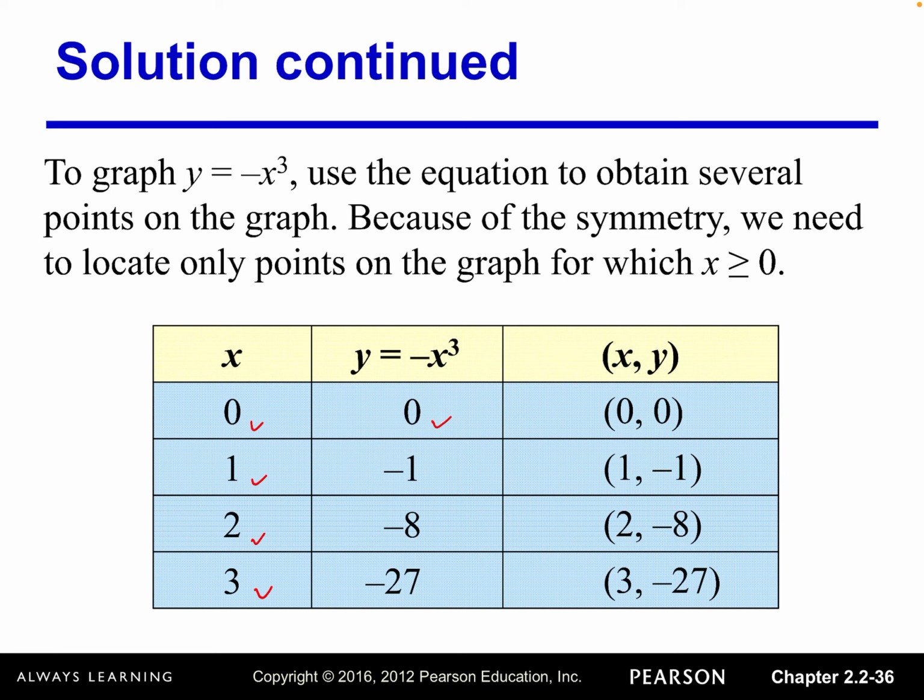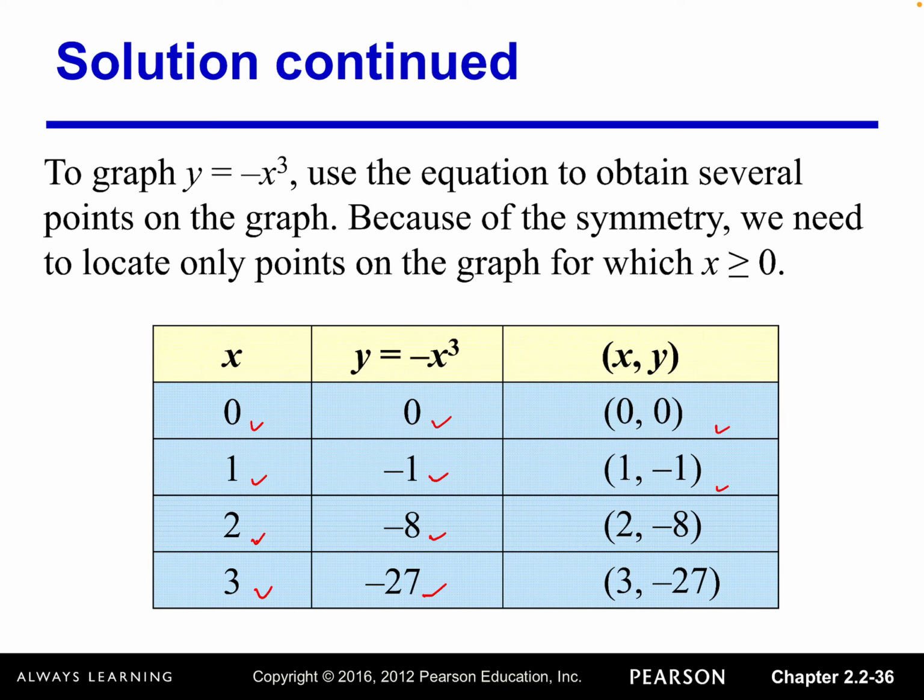If x equals 1, 1 raised to the third power is still 1, 1 times -1 is -1. If x equals 2, 2 raised to the third power is 8, 8 times -1 is -8. And then do the same thing plugging in x equals 3. 3 to the third power is 27, times -1, is -27.